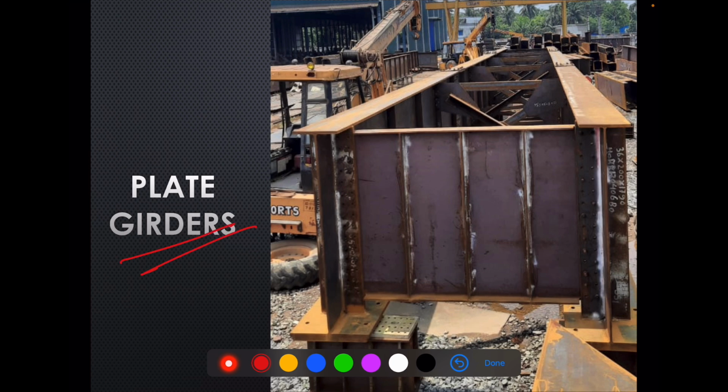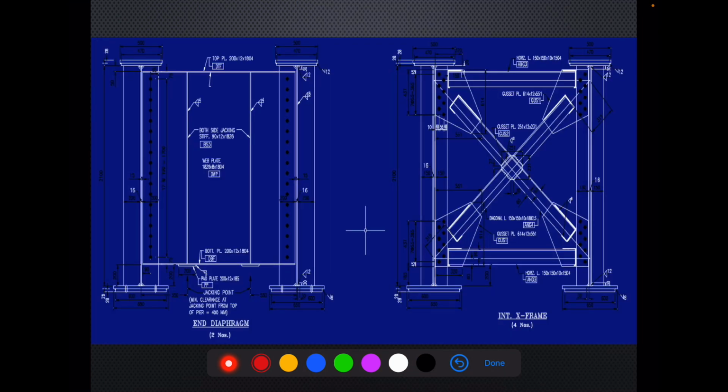So let's explore this in more detail. This is the end diaphragm of the plate girder. It is written that it is two numbers, and these are intermediate cross frames, four numbers.